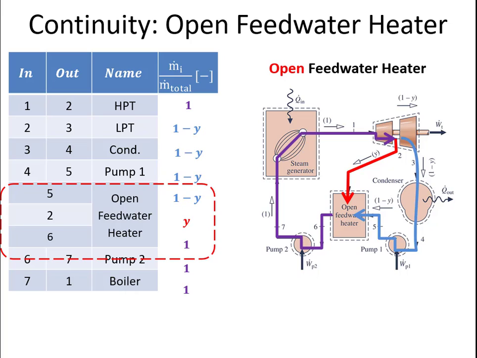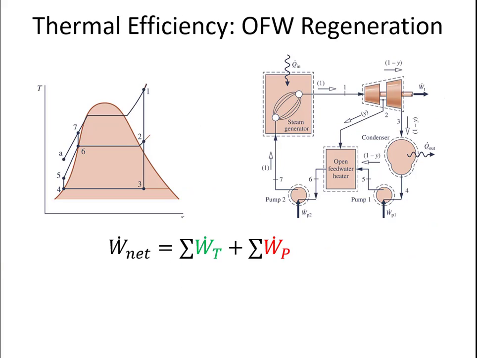So when I'm doing my conservation of energy in this case, I have to be aware that conservation of mass is important here because the mass flow rates aren't the same everywhere in the system. For this open feed water heater, my net power is going to be the sum of all the turbine powers plus the sum of all the pump powers.